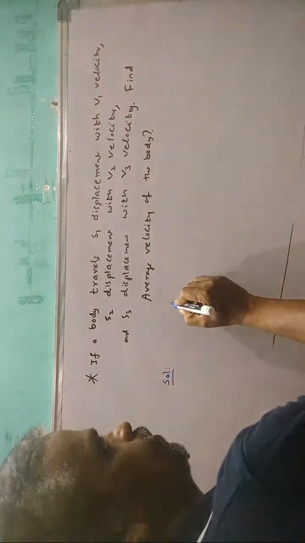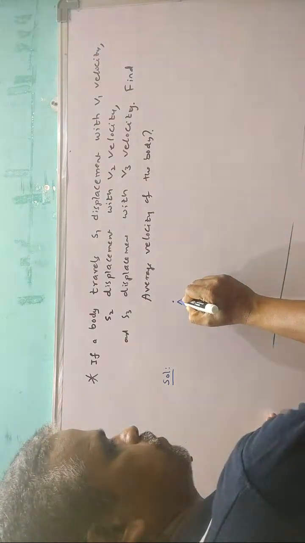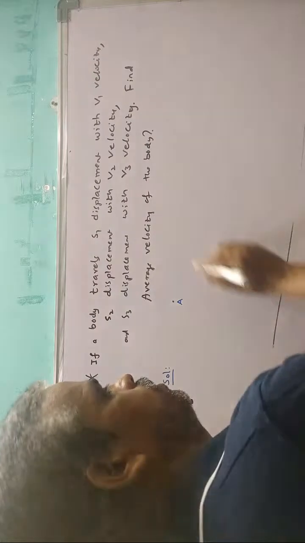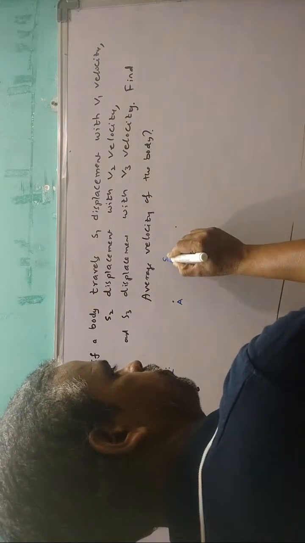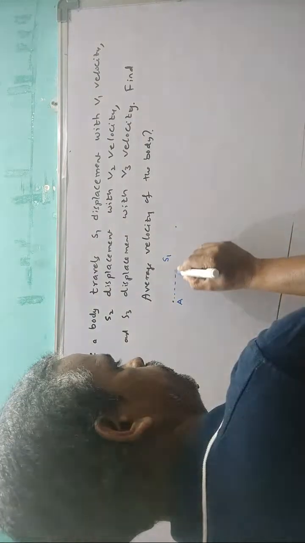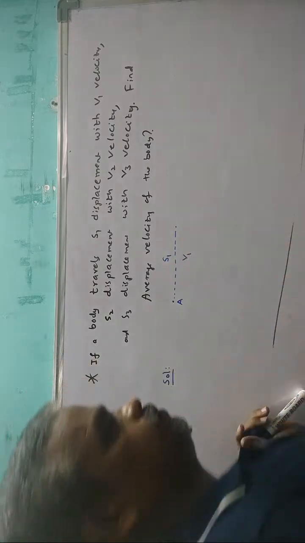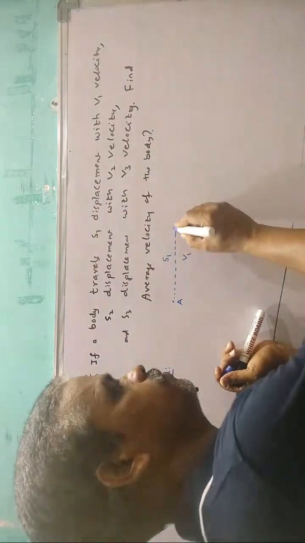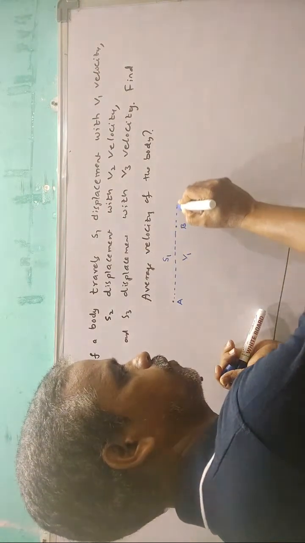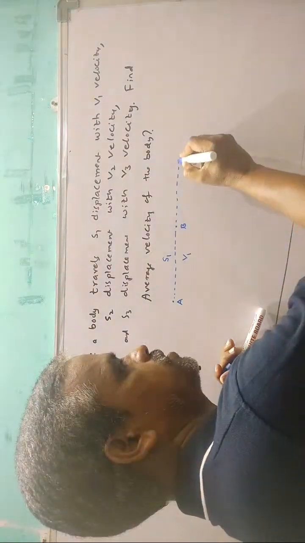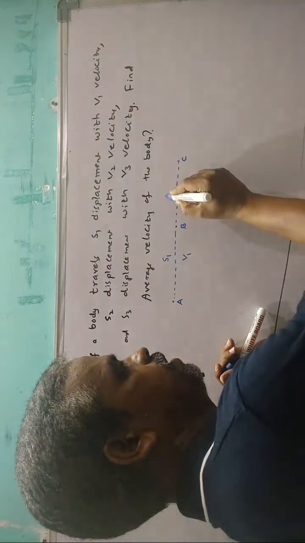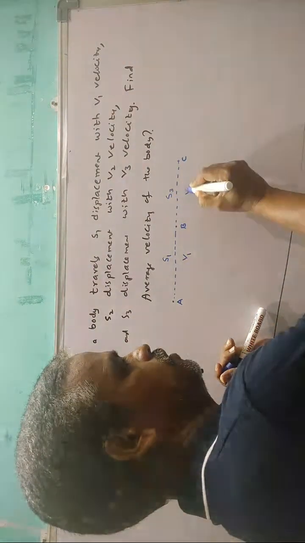See, a body starts from, for example, displaced s1 and with velocity v1. Okay, this is point B. Next, this point C, s3 displacement with velocity v.